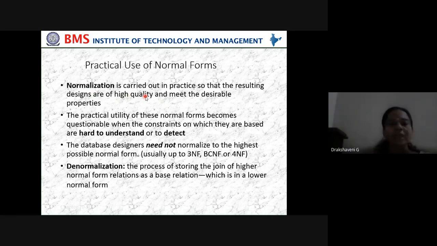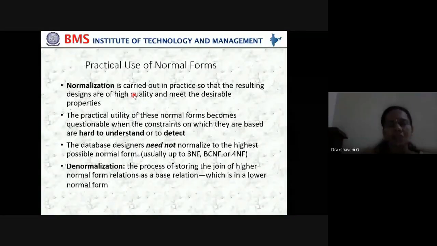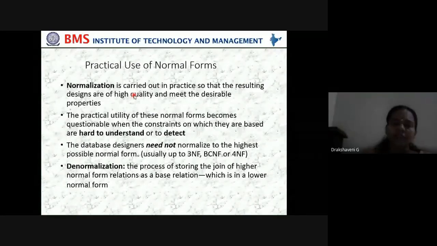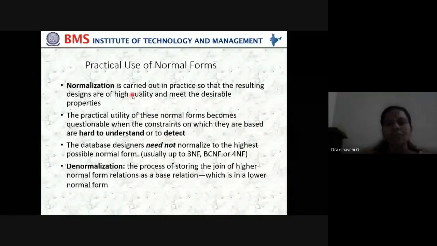So normalization is carried out in practice so that the resulting designs are of high quality. Anywhere you go, whatever you buy, what everyone wants nowadays is high quality. So when we say high quality, think about the database, how it should be. Because every day we are conducting online classes and storing these videos somewhere, how should the quality of the video be? It should be high quality, then only you people can also listen.